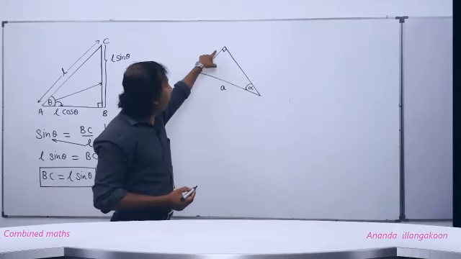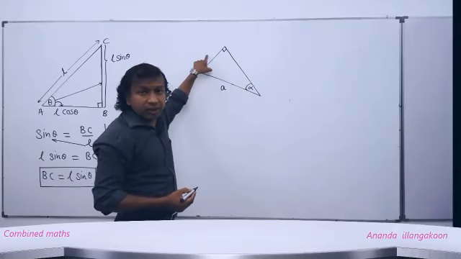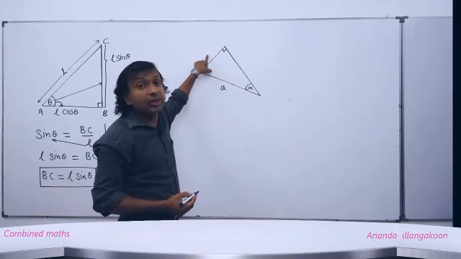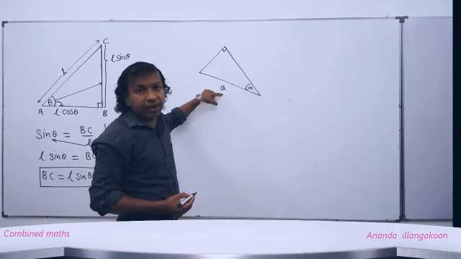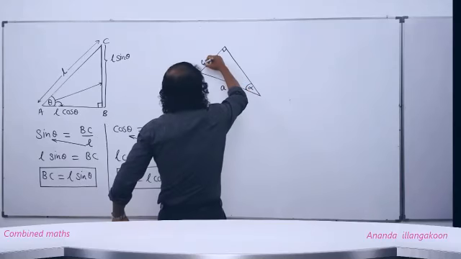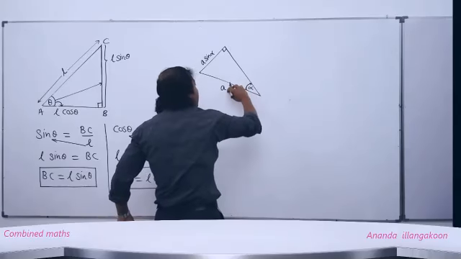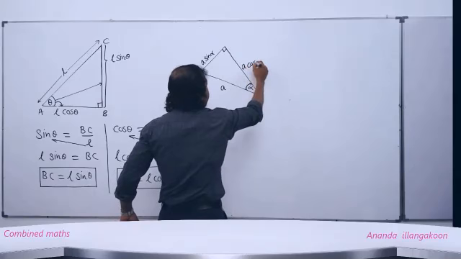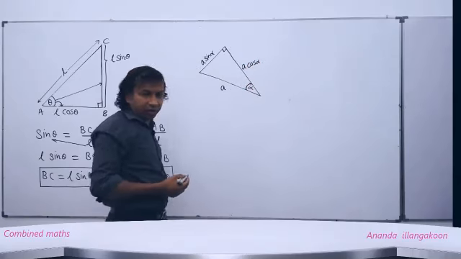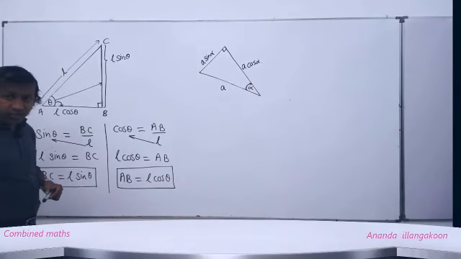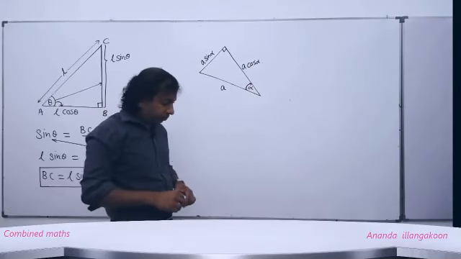This length is opposite to this angle alpha, no? Then the opposite side, how do we take it? By sine, no? A sine alpha. Towards the angle alpha, this length is A cos alpha. This is how we write. Understood? So then write, people, the next subheading.